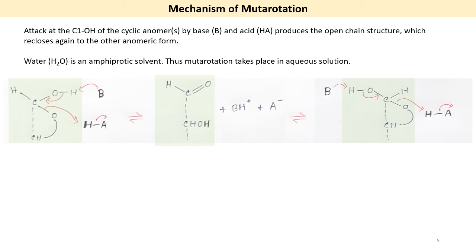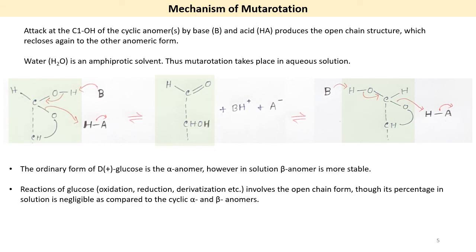And you can notice that now the orientation of hydrogen and hydroxyl group are different from the first one, right? And if you start with this form, the third structure, you will again get the open chain form and the first structure, that is the other anomer.